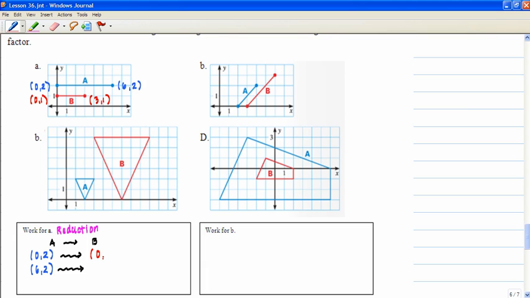So 0, 2 corresponds to 0, 1 for B, and 6, 2 corresponds to 3, 1.